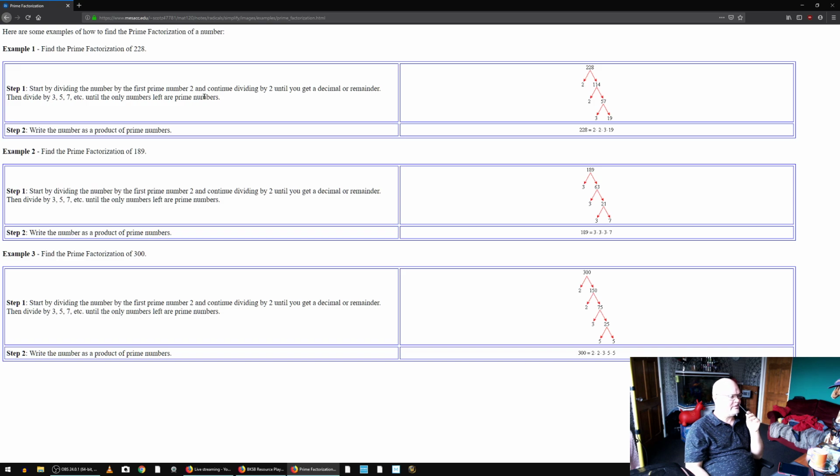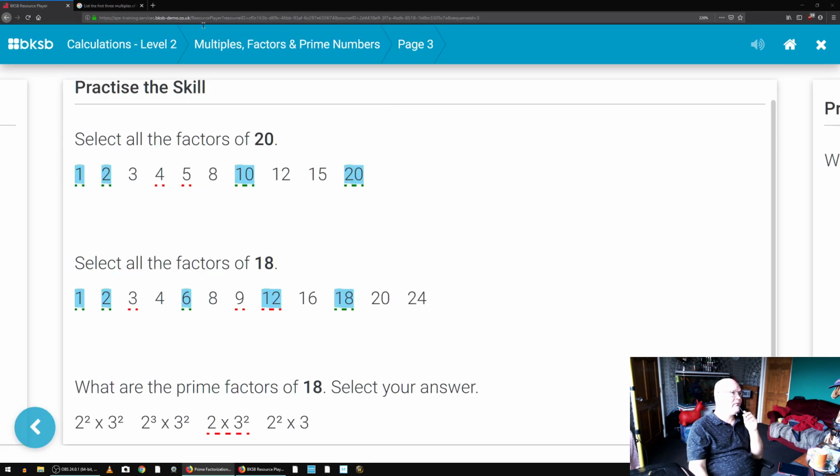So 228 divided by 2 is 114. Divided by 2 is 57. And you can't do that. Oh, I see. And you can't divide it by 2. So it's 3 and 19. But why are they writing it in the way they're writing it?